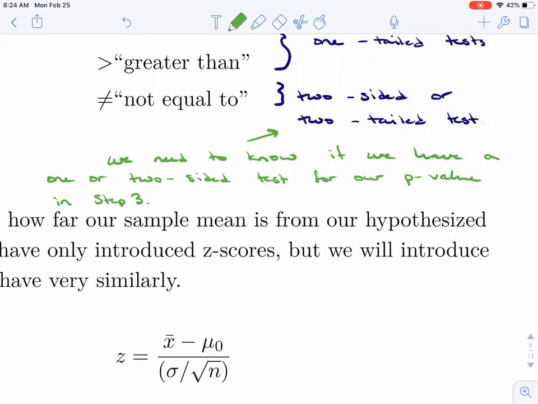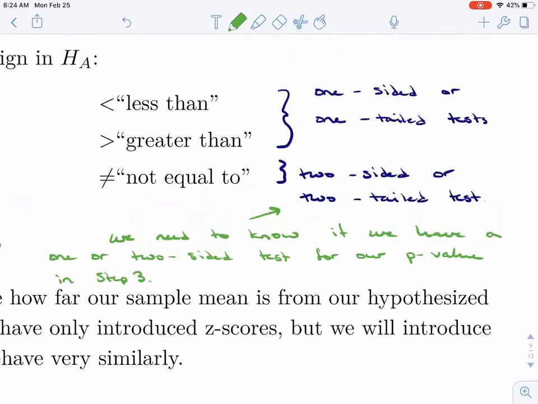One of the main questions that I get, unfortunately, very close to final exam time is, how do I know if I have a one or a two-sided test? How on earth am I supposed to know that? Well, it depends on your alternative hypothesis.